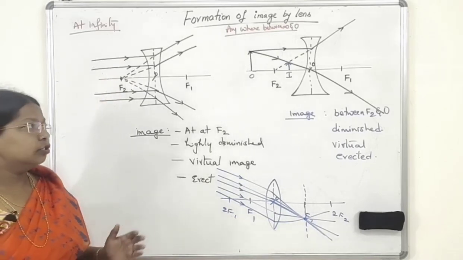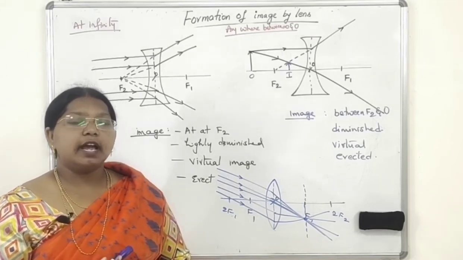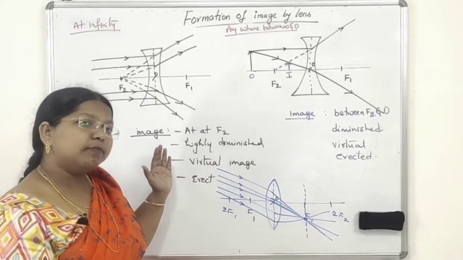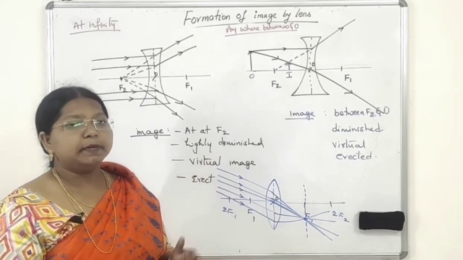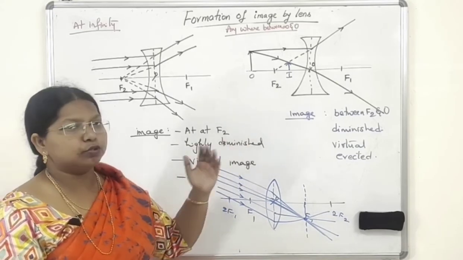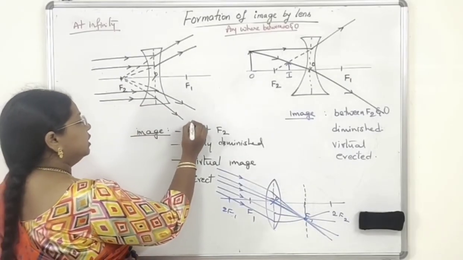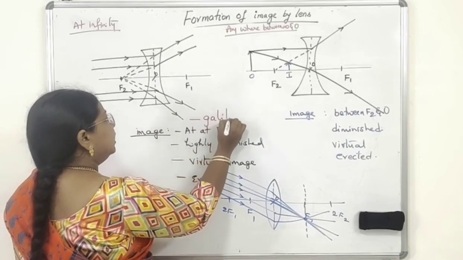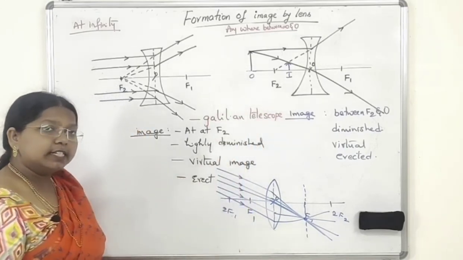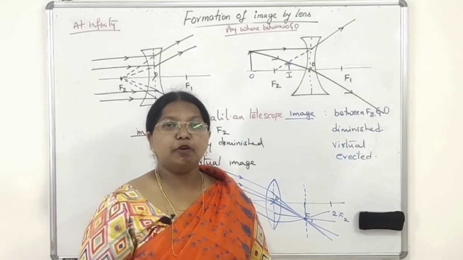Clear, students? So these are the ray diagrams and their position, nature and size of the images formed when the object is placed at different positions on the principal axis and their application. So let us see the applications for these two also. Application of this ray diagram is in a Galilean telescope, and the other one, it is used to correct the short-sightedness, means myopic person.